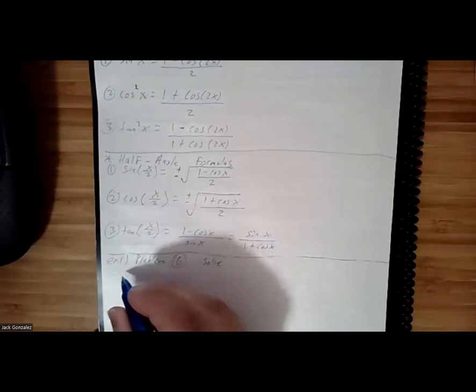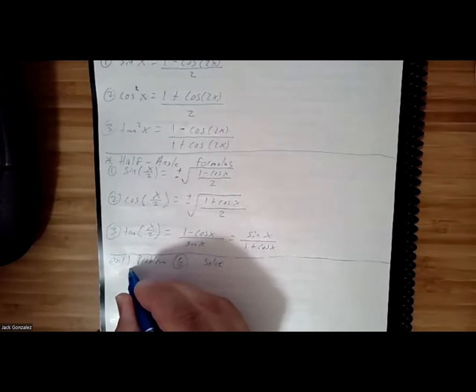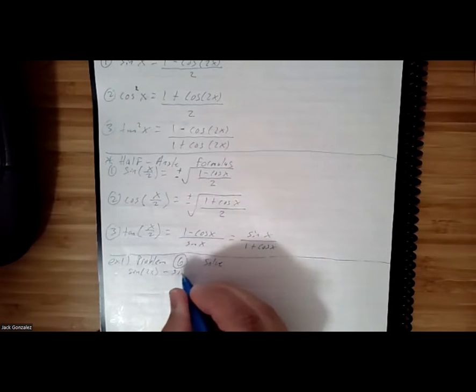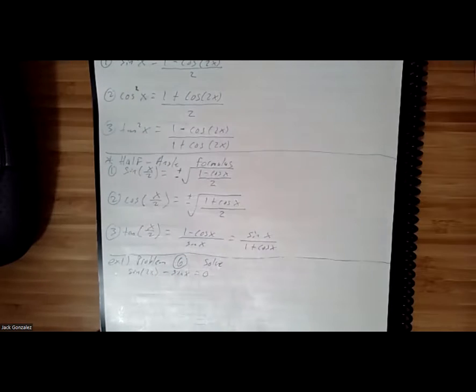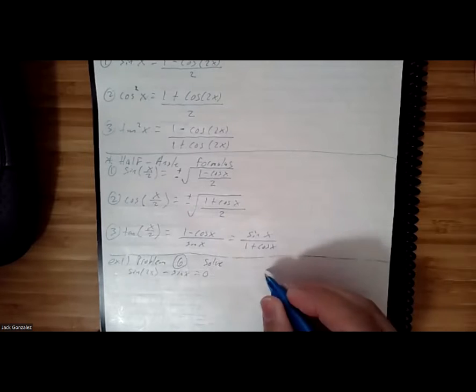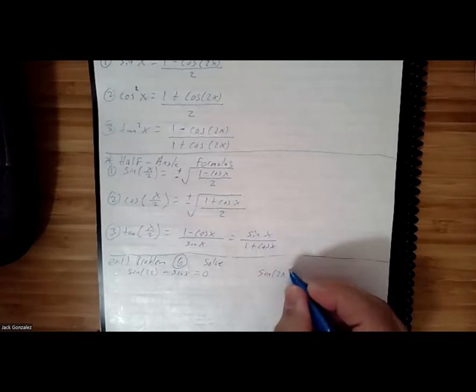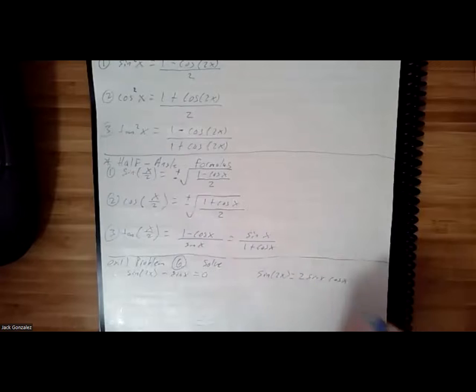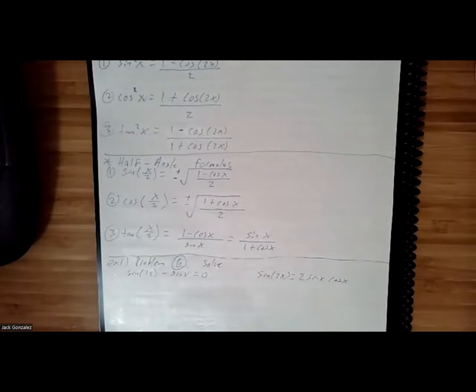All right. So this is just solve the equation. They give us sine of 2x minus sine x equal to 0. Sine of 2x equals 2 sine x cosine x, so we can use the double angle formula that I wrote down earlier.